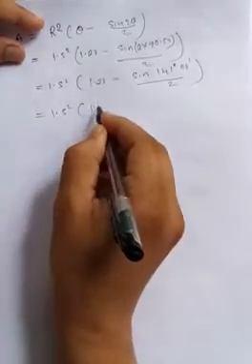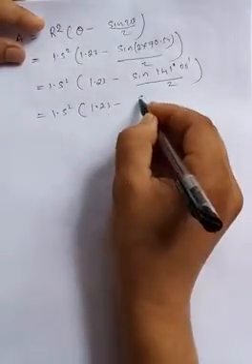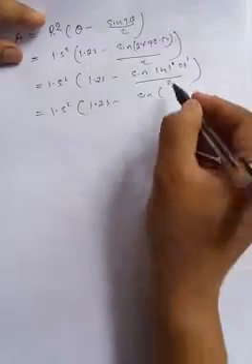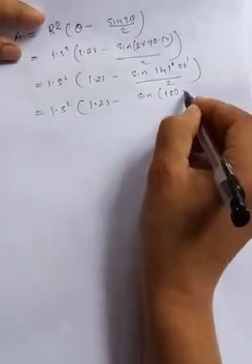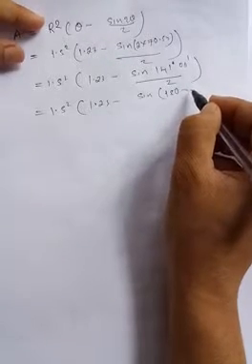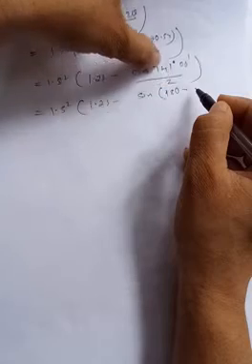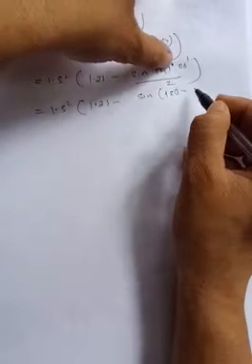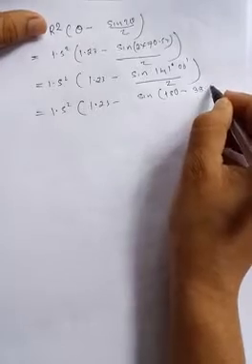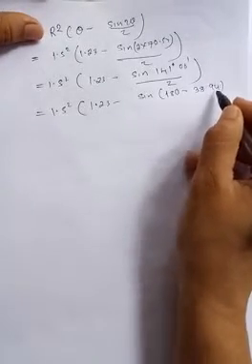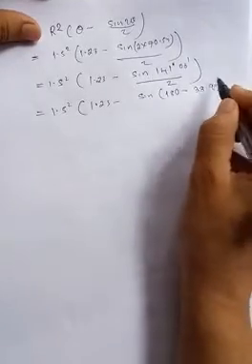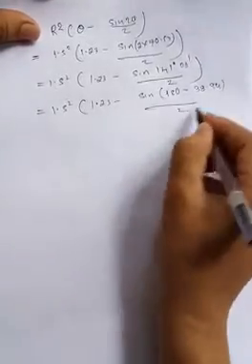1.5 square into 1.23 minus sin, instead of 141 degree 08 minutes you can write 180 minus 38.94. 180 minus 38.94 itself will be 141.08. So divide by 2.